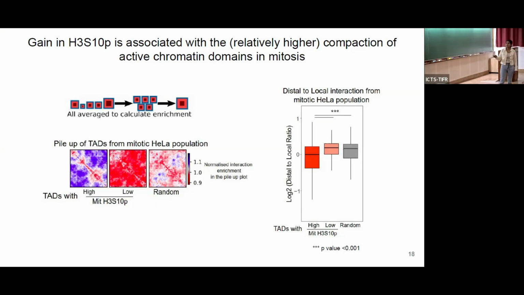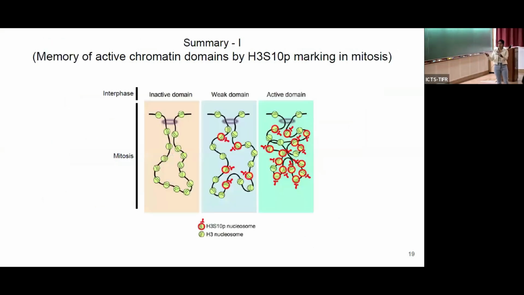You can see here, the blue color indicates more intra-TAD interactions and the red is the opposite. And the same is captured in this plot, which is distal to local interaction, again from the Hi-C data, where what we are seeing is that locally the TADs which have higher H3S10p are more compacted, and this is the data from mitosis.